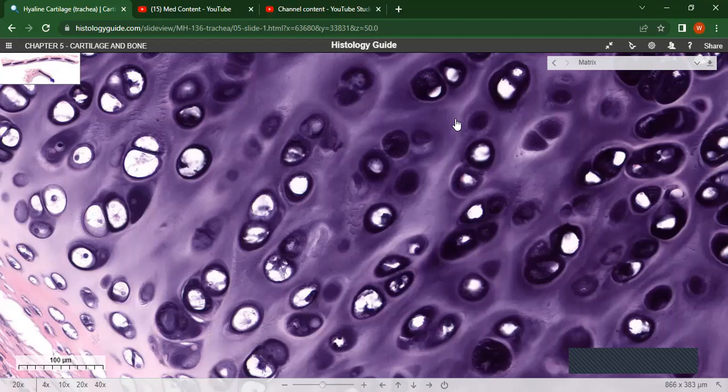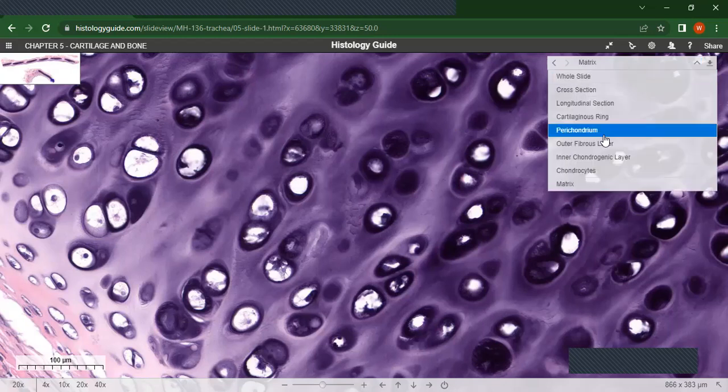So remember, when discussing connective tissue, you always discuss the cells and the extracellular matrix. Then remember, the extracellular matrix is composed of the ground substance and the collagen fibers or fibrils. So let's look at the histological organization. Hyaline cartilage has a perichondrium.